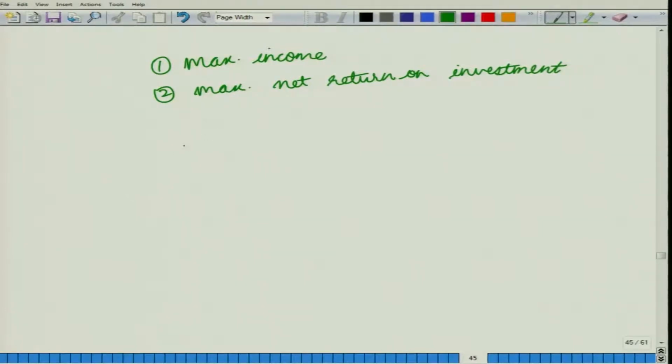You have got two plans, plan A and plan B. In the first policy, if you invest a sum of 100,000 rupees, you will be getting an income of 11,000 rupees every month, whereas in plan B, you will be getting an income of 10,000 rupees every month. However, plan A also stipulates that you will be getting this income for 2 years.